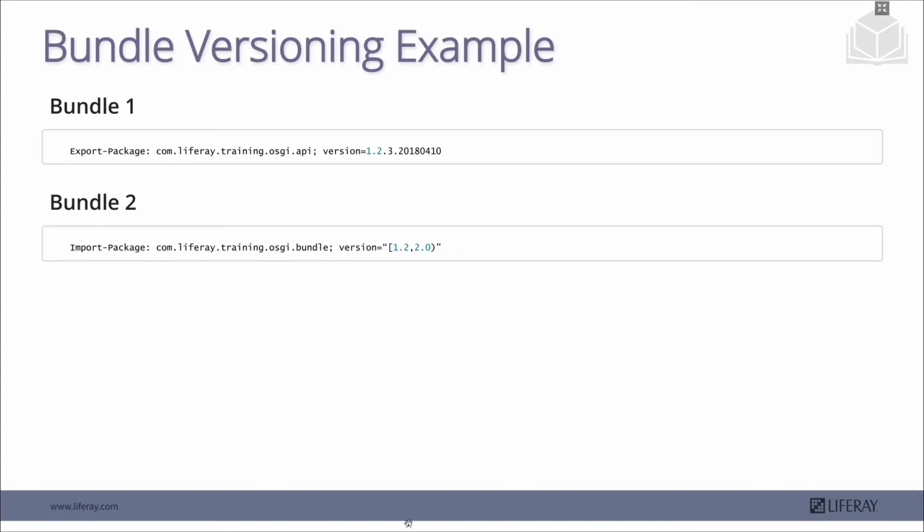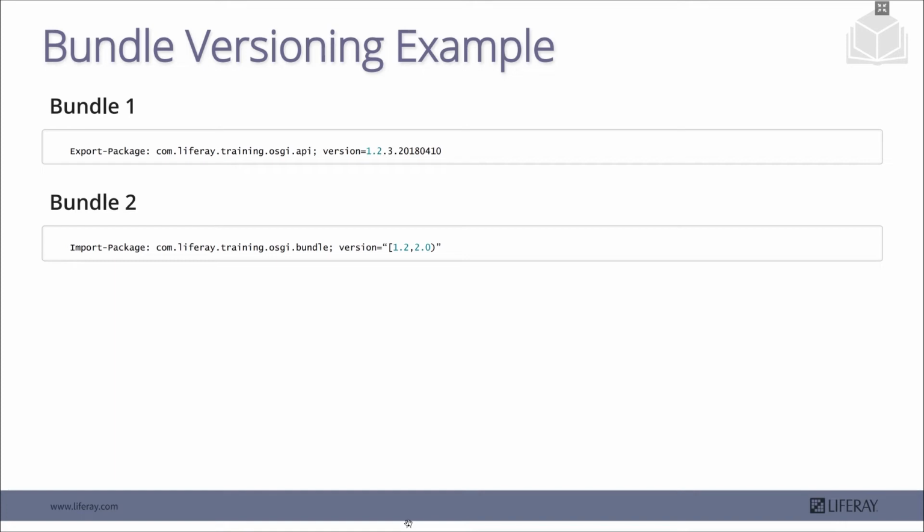So we have that sort of control to say include this, but exclude that, whatever this and that may be. For example here, we can have two bundles distinguishing their specific version numbers. Over here, bundle number 1 is exporting a specific package with a specific version number. Down here, bundle number 2 is importing a package and saying, when I'm importing this package, I need a version number that includes 1.2 all the way up to 2.0, but excluding 2.0.